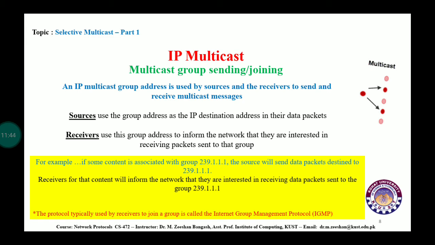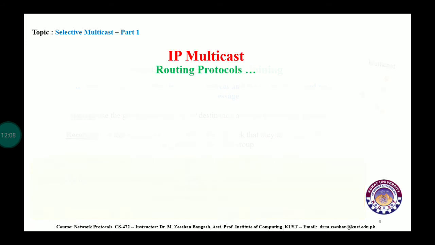The receivers of that content inform the network that they are interested in receiving data packets. As we have discussed, all the receivers need to register with that group earlier, before this transmission. So the receivers first join 239.1.1.1, and after joining they start receiving the packets.